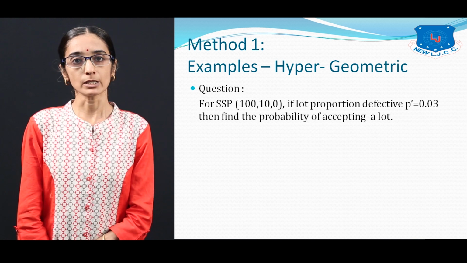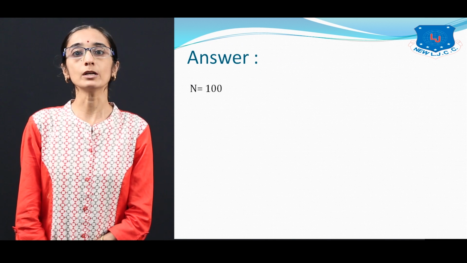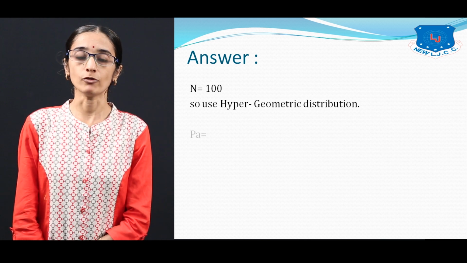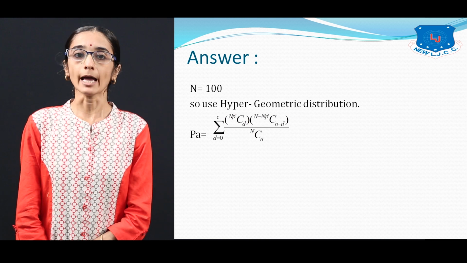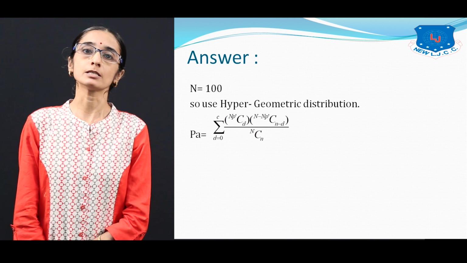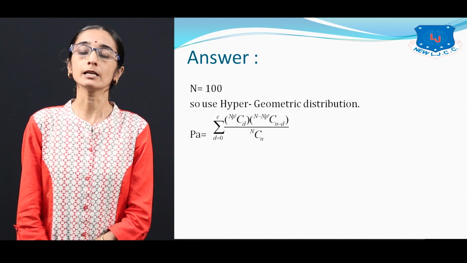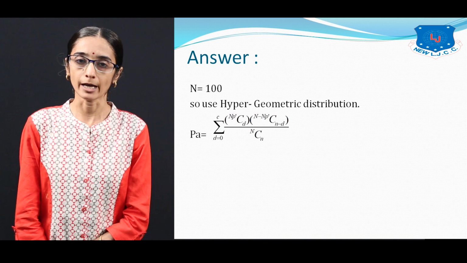Here capital N is 100, so we have to use hypergeometric distribution. So the formula for PA will be the summation d from 0 to c of NP'Cd into (N minus NP')C(n minus d) upon NCn.